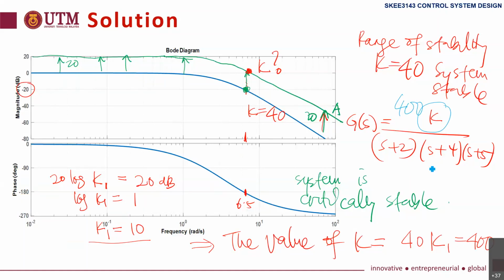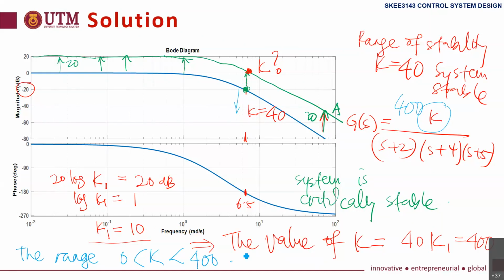So the range of stability is K between 0, because less than 40 will of course be stable but it will be going down, then more negative, until 400. This is the range for stability.